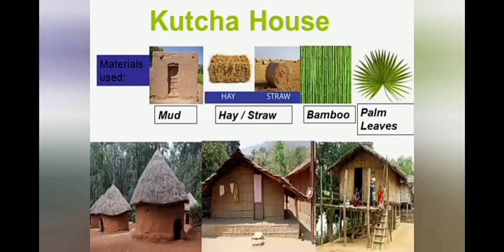So here is a kacha house, which is built out of mud, hay, straw, bamboo and palm leaves. You can see examples of some kacha houses down here.